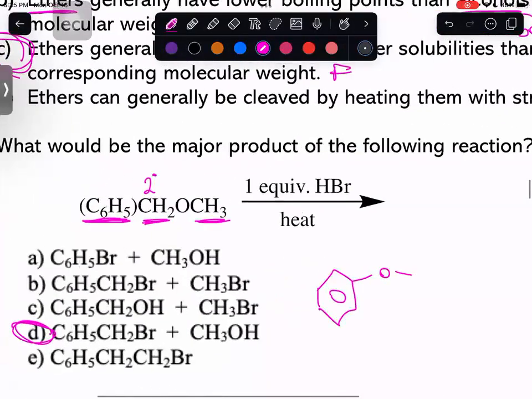Okay, the one on the right. What's the degree of the carbon? Primary. What was the ranking for acid cleavage? 3, 1, 2. Please remember that. Very important. The ranking is very relevant.